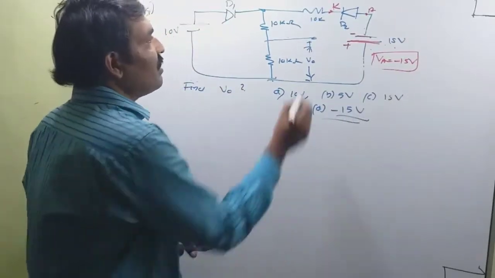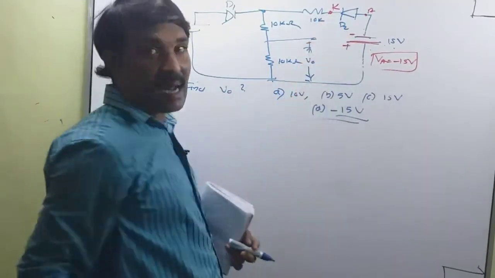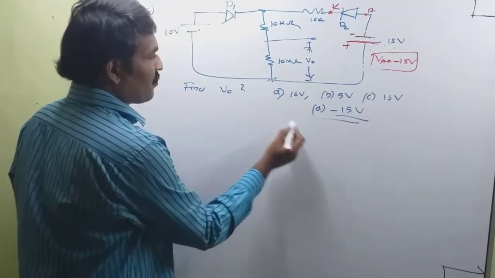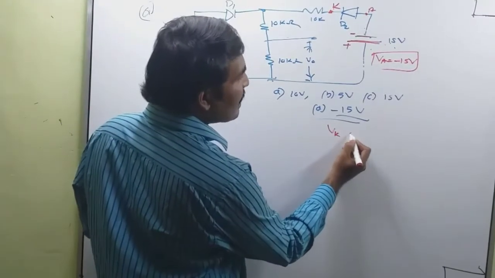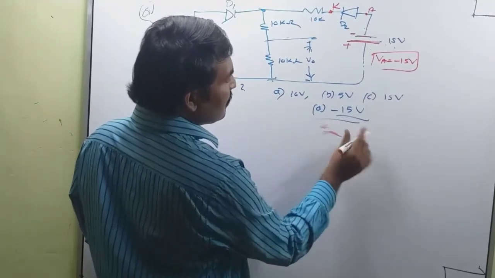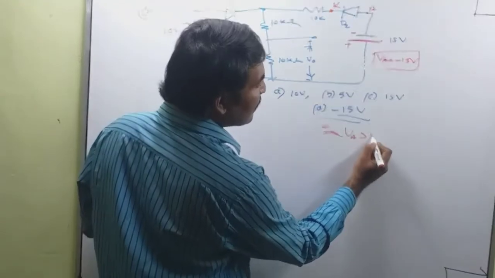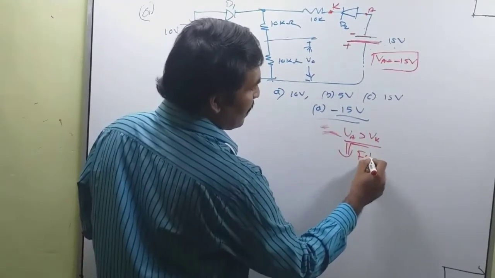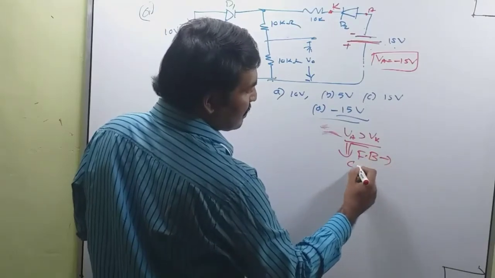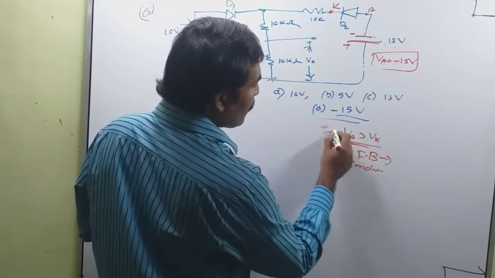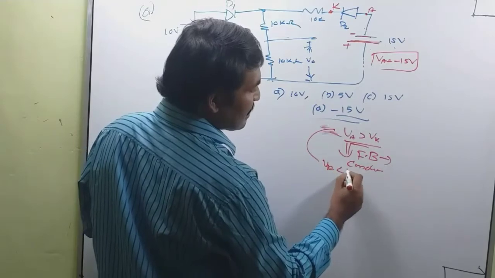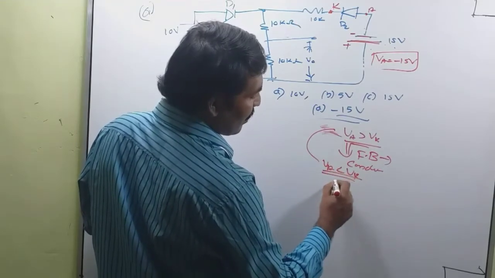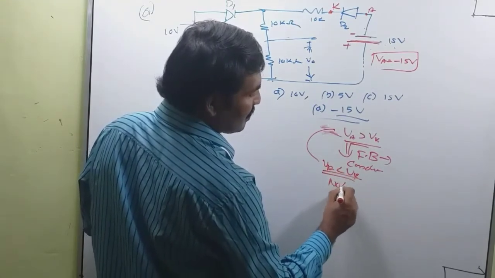Now we want to find the voltage at the cathode, VK. If VA is greater than VK, then it is forward bias and the diode will conduct. Otherwise, if VA is less than VK, the diode will not conduct.